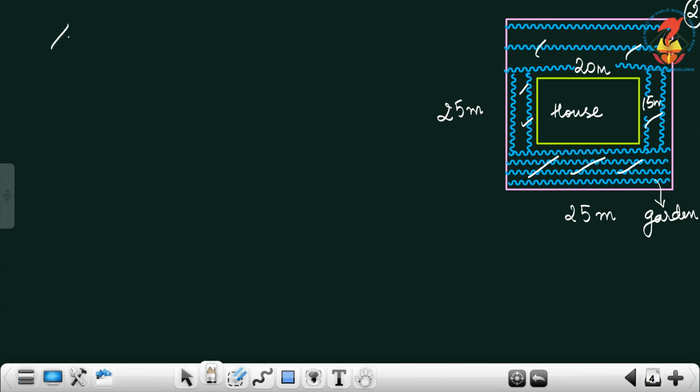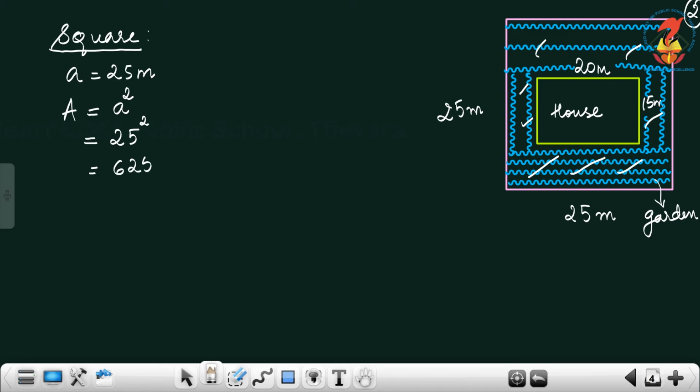Okay. First, we will write the heading as square. Now, what all information of square do we know? The side is given 25 meter. So, what will be the area? Always write the formula, side square, 25 square. 25 square means 25 into 25, 625 meters square. Okay.